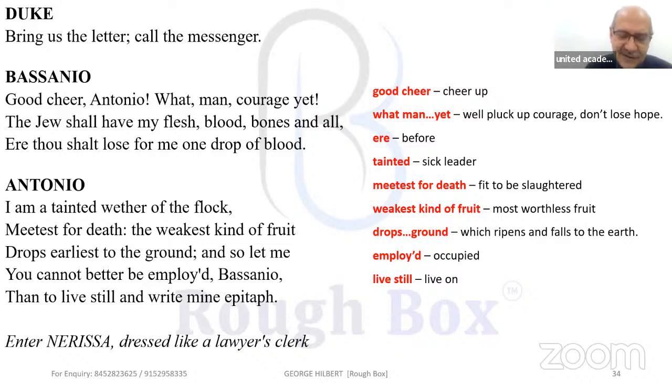They had to first clean their own backyard and then try to clean up ours, okay? So women were not allowed. And if they were caught, then it could also mean death for them. So nobody even took the risk. But this is just a story, so it's absolutely fine. Nerissa enters dressed up like a lawyer's clerk.